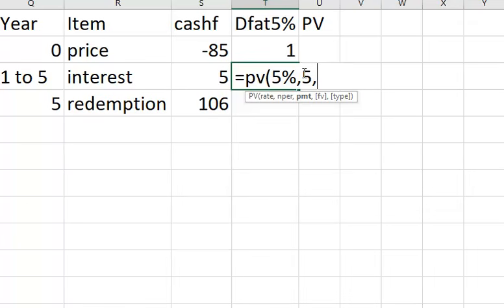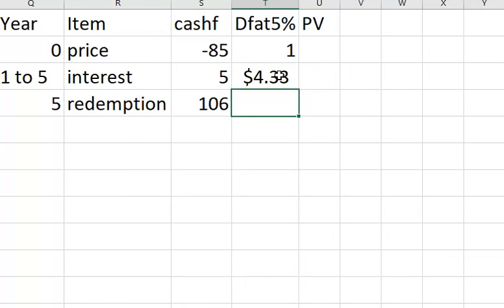Then PMT, that should be -1. Then FV is 0. Let me try and see. Oh yeah, I think this is what it should be, 4.3343. That's how we calculate annuity. So let me do it again. I might have confused you.